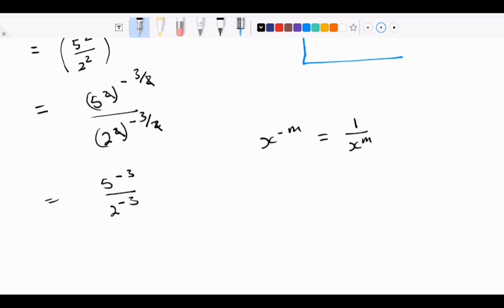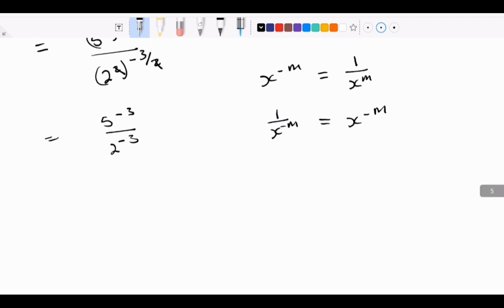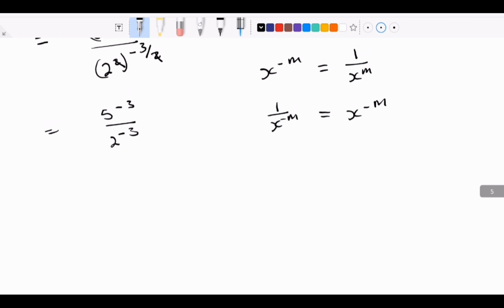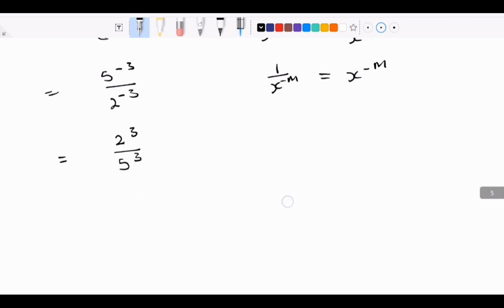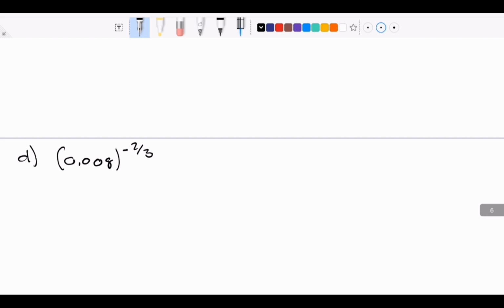And I know that 1 over x to the power negative m is equivalent to x to the power positive m. Okay, so let me apply that law here, and what I get out is 2 to the power of 3 over 5 to the power of 3. So we would be done by so doing. Okay, let's move on to the next question and see what it has for us.